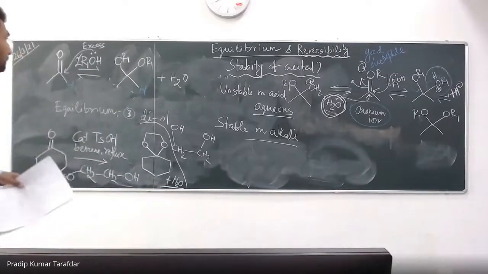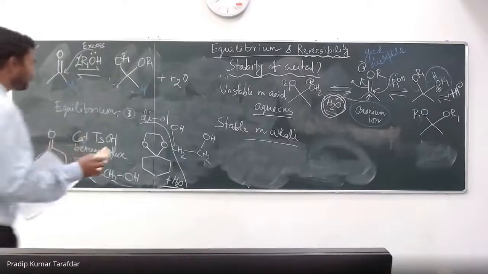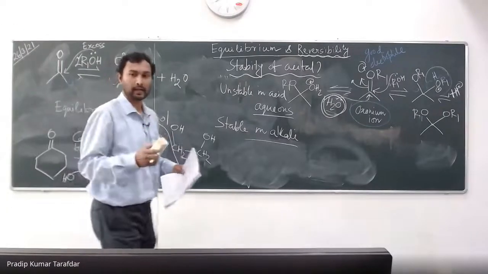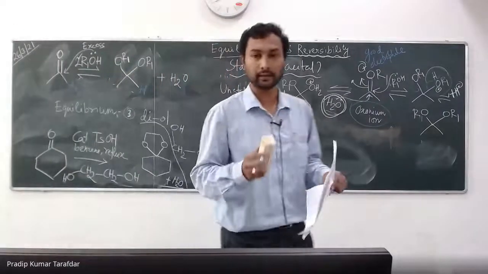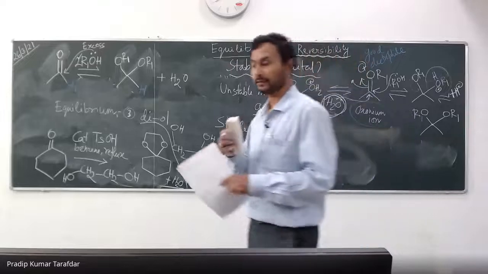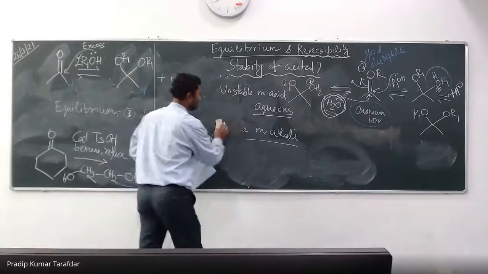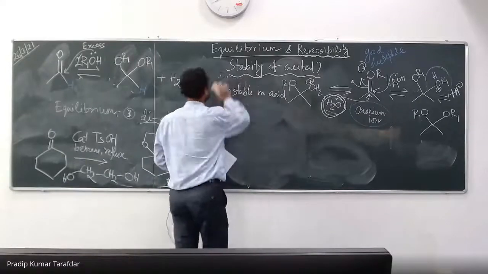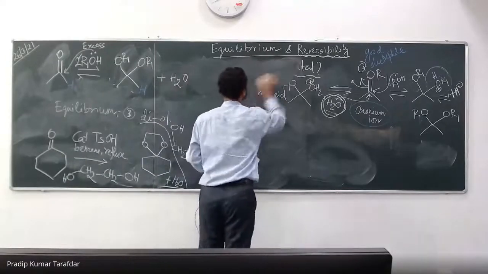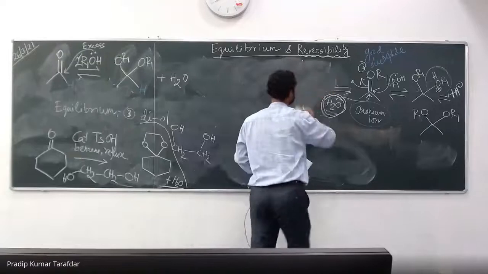And I should get my acetal formation. So now the question is, why are these important? Why are we studying this? I will give an example of why acetal formation is useful in organic synthesis.